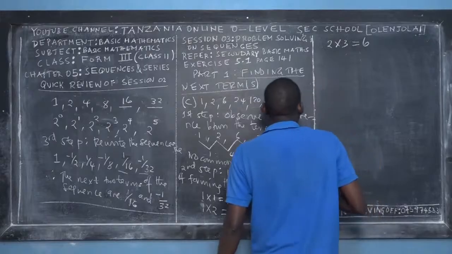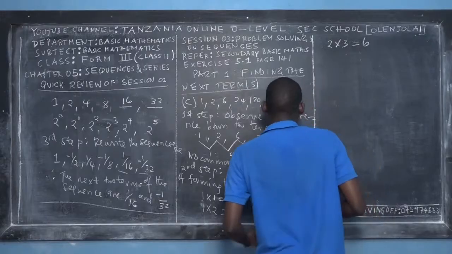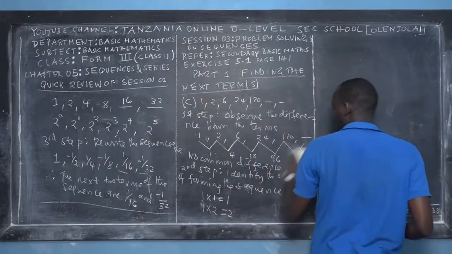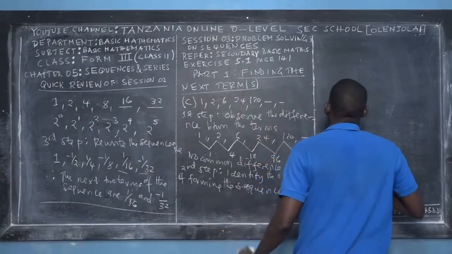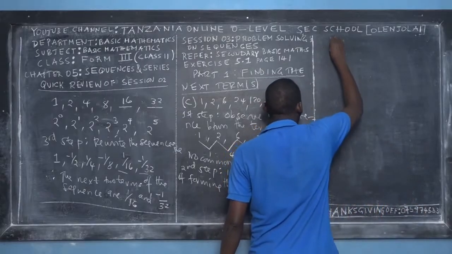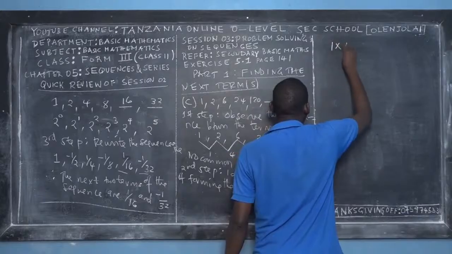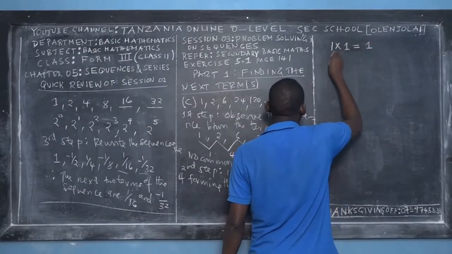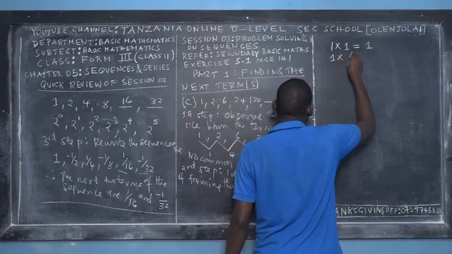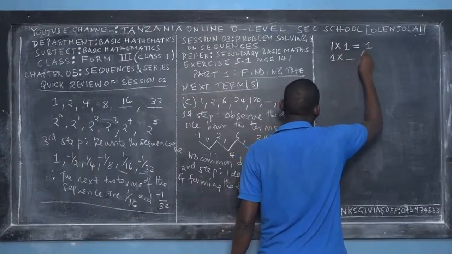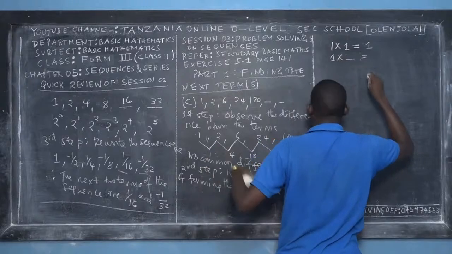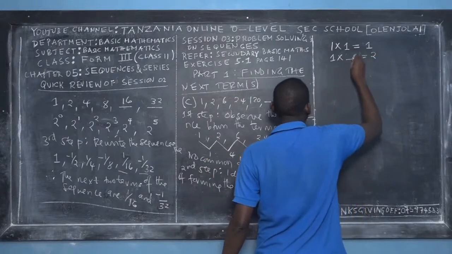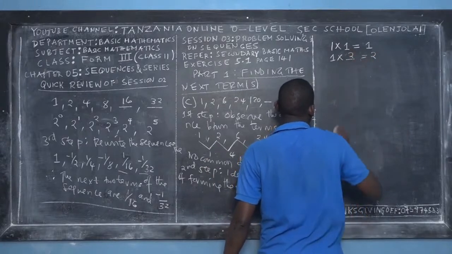And then let me just write the whole sequence here so you can see the increase. So we take 1 and multiply by 1 to get the first term, which is 1. Then we take the first term, which is 1. We think, what should we multiply with in order to get the second term, which is 2. So 1 times 2, we get 2.